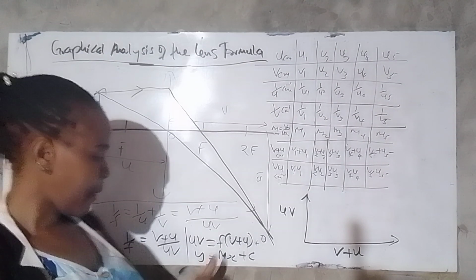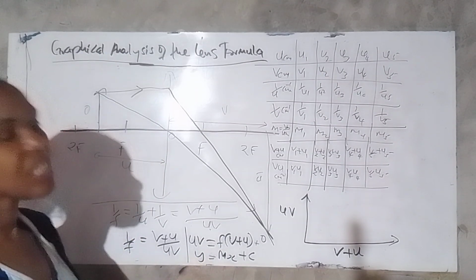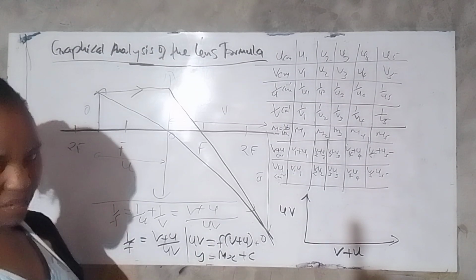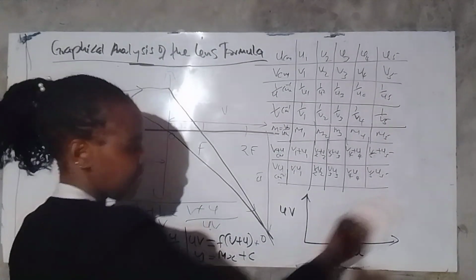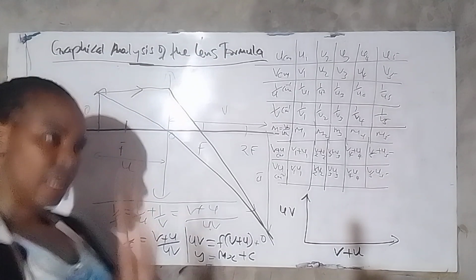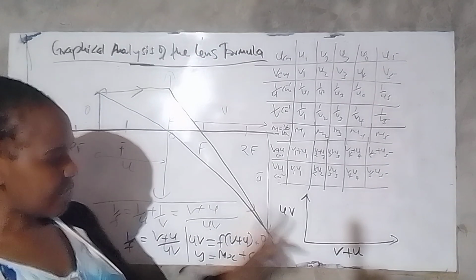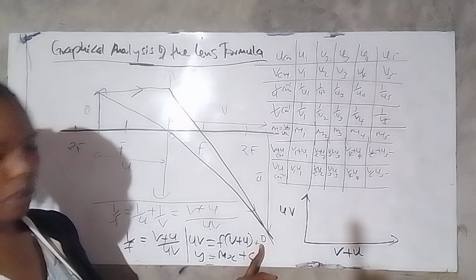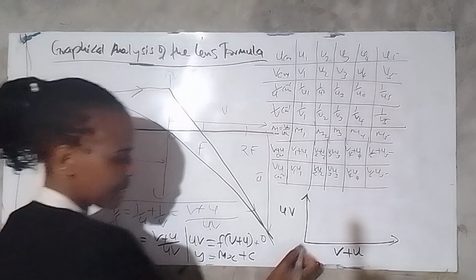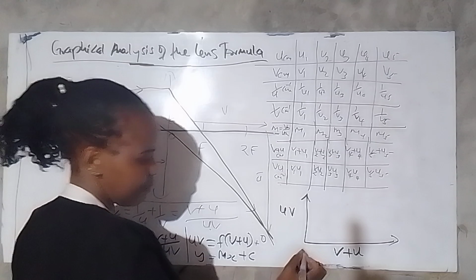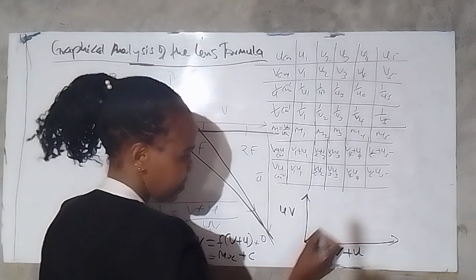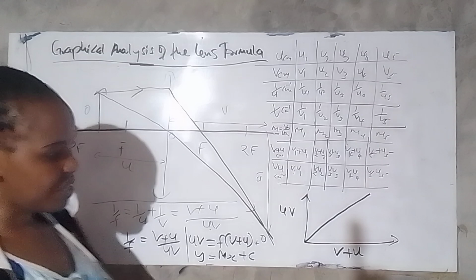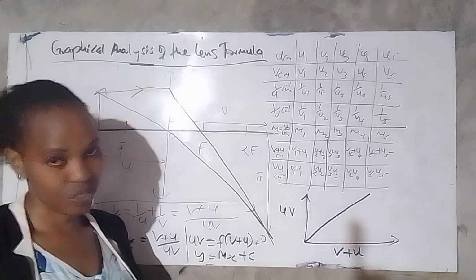Number 2, my gradient F is positive. As you can see, there is no negative here, so it's a positive gradient. So that line is like that. Number 3, where the line cuts my UV axis is at 0. The y-intercept is 0, so I expect my straight line to cut the graph at that point. So I can as well draw that. That is the graph of UV against V plus U.